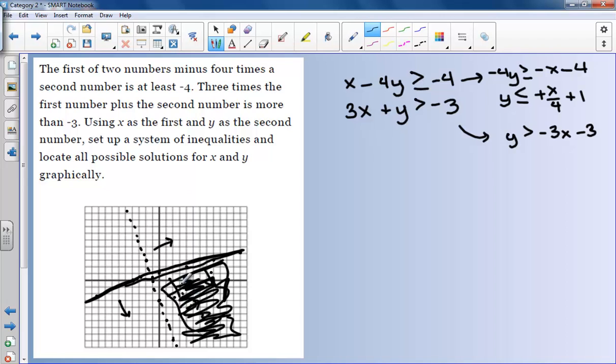The thing to watch though is, my solution is any point inside this shaded area and any point on this solid line. But if they give me a point on this dotted line, I can't include that with my solution because it can't be equal to that. Can't use those. Can use anything on this line, can use anything in this area as part of my solution.